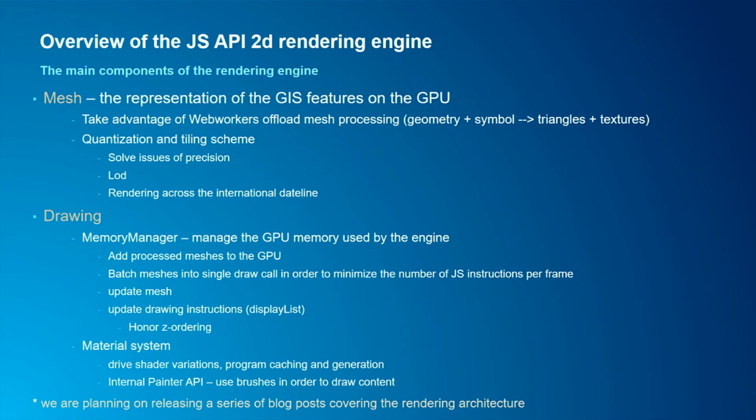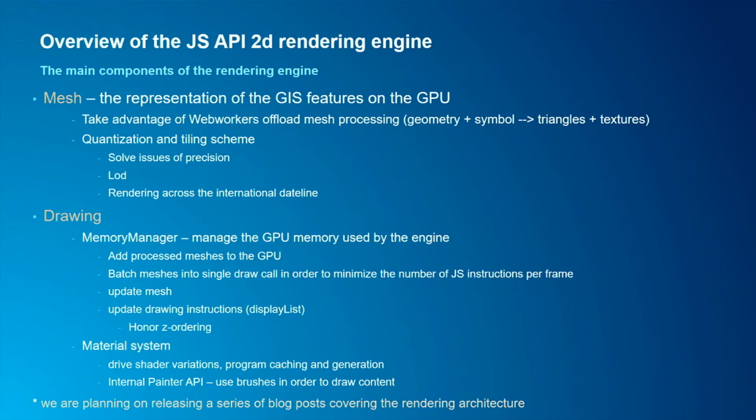The other main part of the engine is responsible for the actual drawing, and there it's divided into two main categories. There is the memory manager, which manages the GPU memory. It is the one that takes the meshes and adds them to the GPU. It handles updates to meshes. It is responsible for optimizing draw calls to minimize the number of JavaScript instructions that we generate per frame.